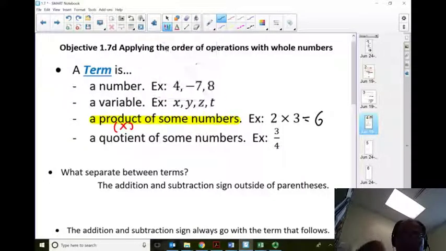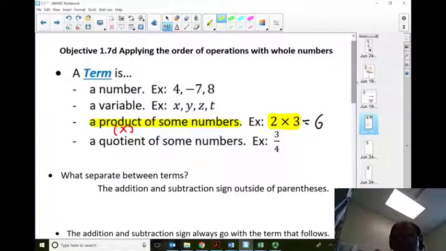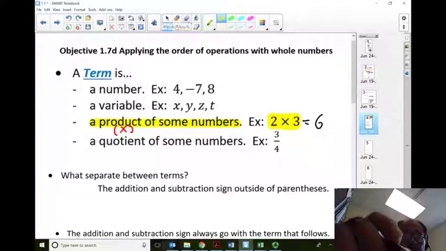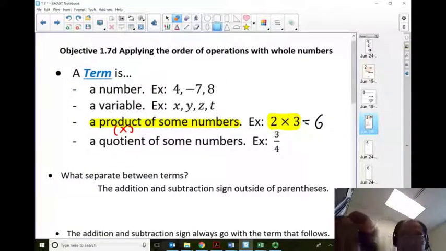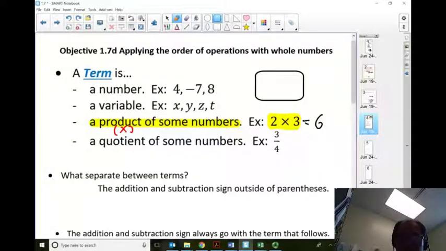Because the multiplication between anything is also considered as one term, that makes the 2 times 3 one term as well. It's kind of strange, because if you really think about it, if I would draw a box, and inside this box, let's put a heart and a star. So inside this box, I have 2 objects.